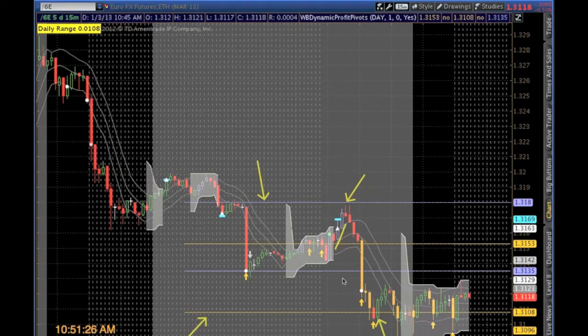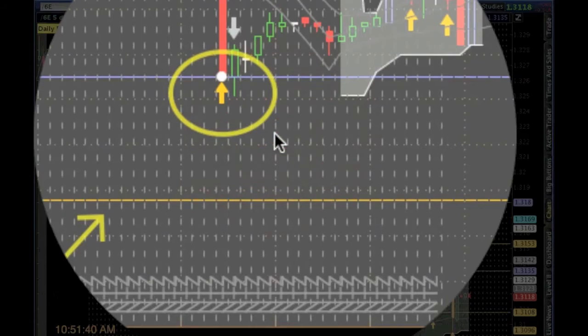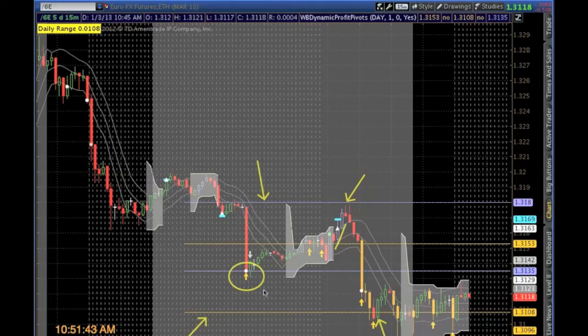They're pretty simple. The only other thing on here that you need to understand are these little arrows. What these little arrows are basically indicators that a profit pivot boundary has been pierced. There's an audible signal that rings when those go off, and they can be sent to your cell phone as a text message if you want them to.